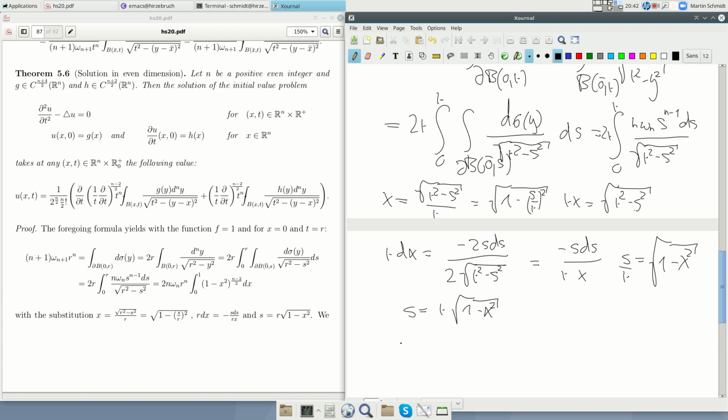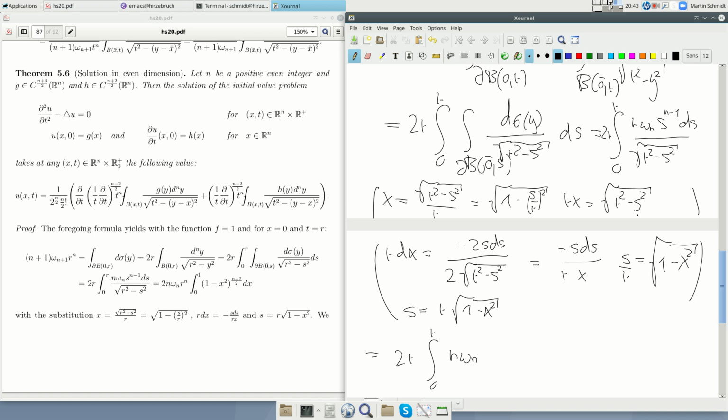So now we insert this in this formula and continue here. This is 2R, then integral from 0 to R, n omega_n. Now if s is 0, then Rx is equal to R, so x is equal to 1.